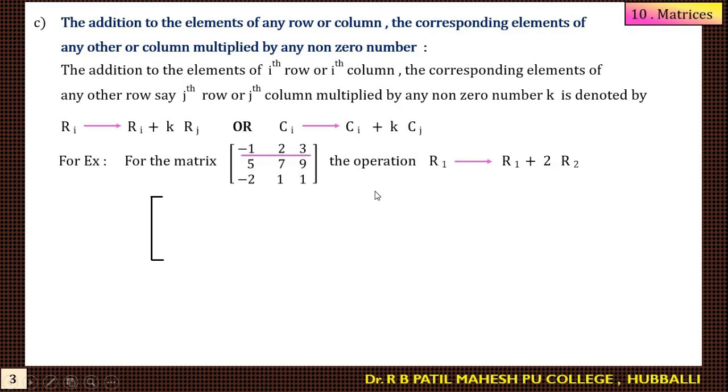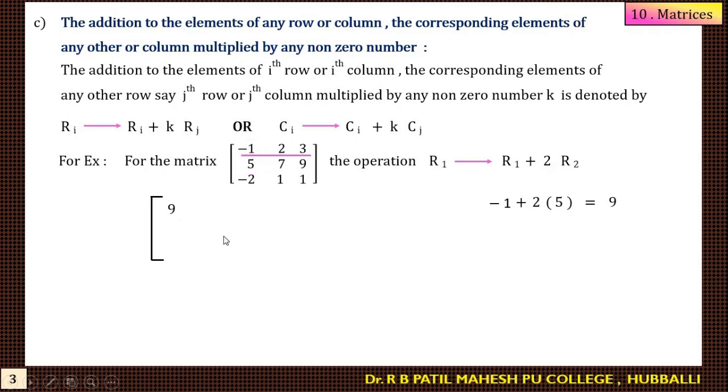For the first row, the first element you take is -1, plus 2 times the same-position R2 element. The R2 element is 5, which is multiplied. Simplifying, -1 plus 10 is 9, and this 9 is written in the first position.